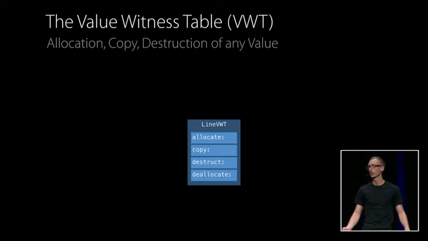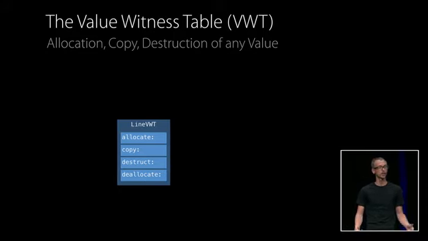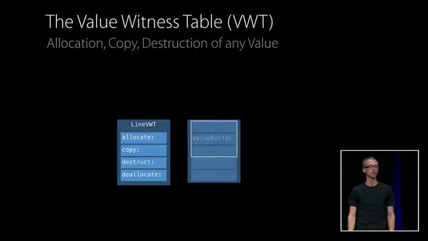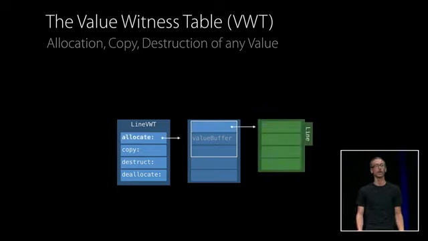Now let's take a look at the lifetime of a local variable to see how this table operates. So at the beginning of the lifetime of our local variable of protocol type, Swift calls the allocate function inside of that table. This function, because we now have in this case, a line value witness table, will allocate the memory on the heap and store a pointer to that memory inside of the value buffer of the existential container.